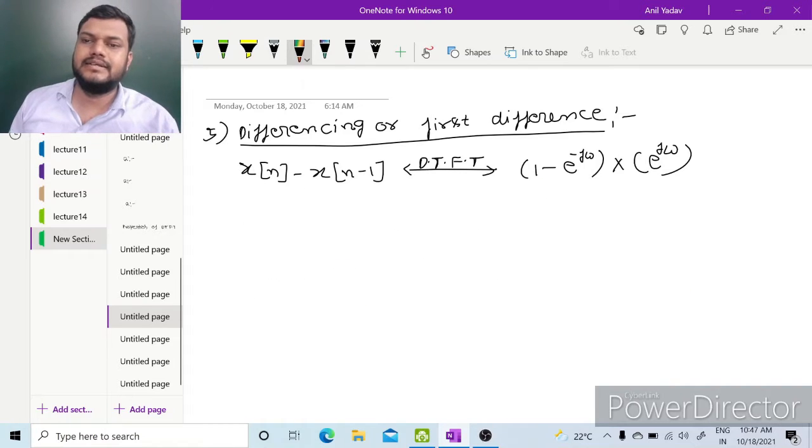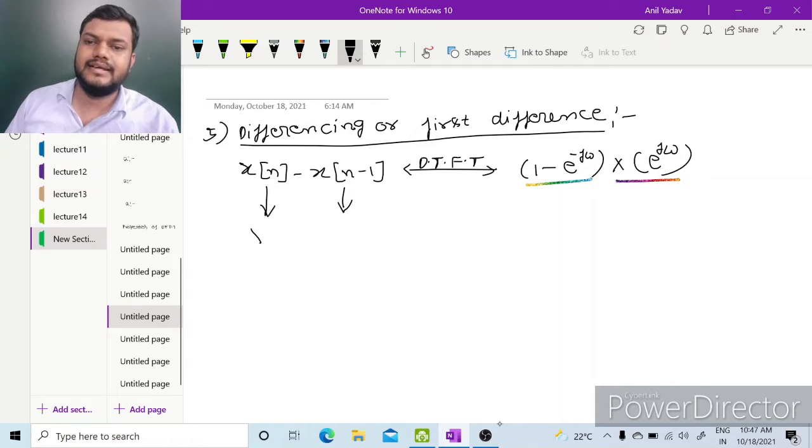Next is differencing or first difference. So x[n] − x[n − 1] will have DTFT (1 − e^(−jω)) X(e^jω), where x[n] has DTFT X(e^jω). Thus we can see that this x[n − 1] is as x[n − n0].